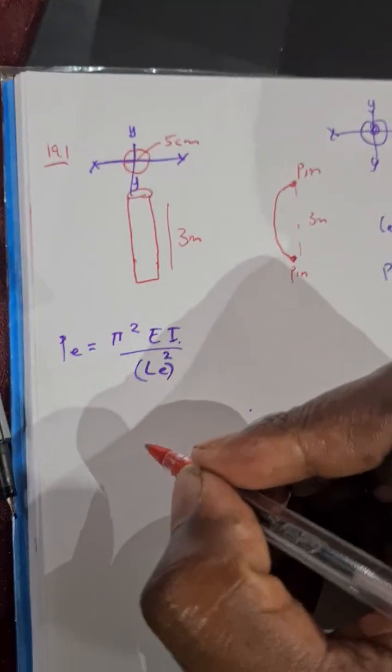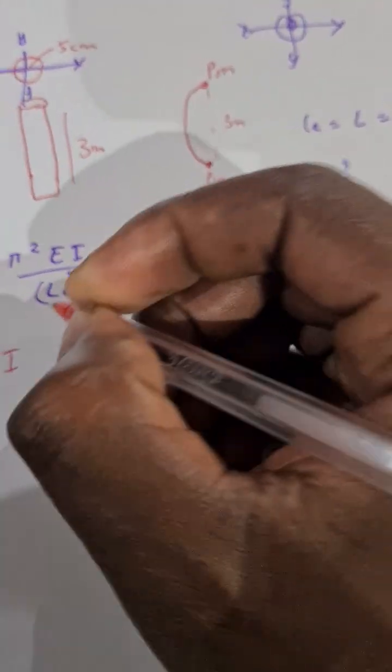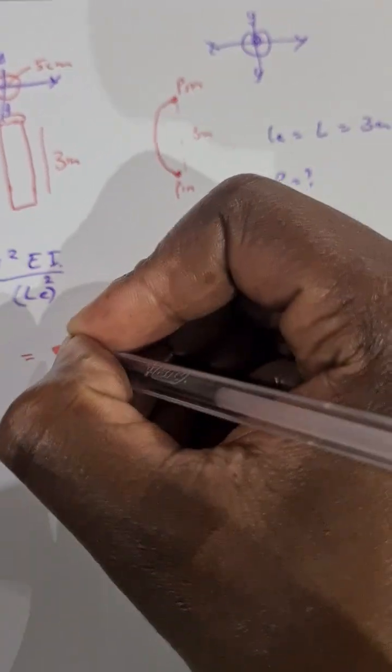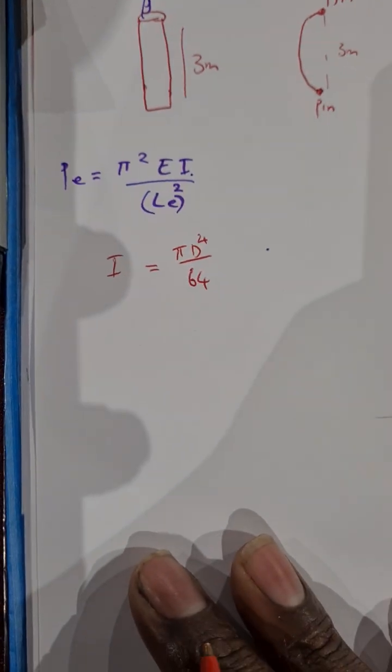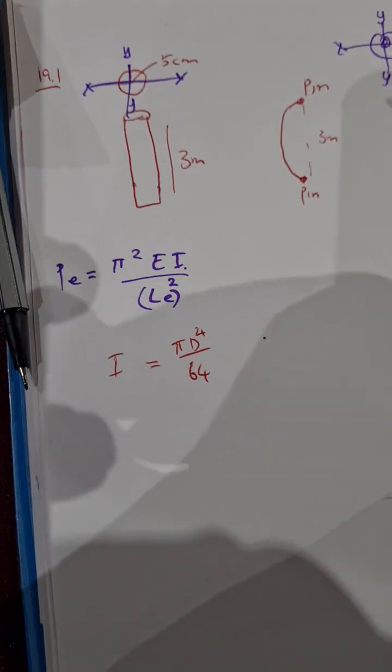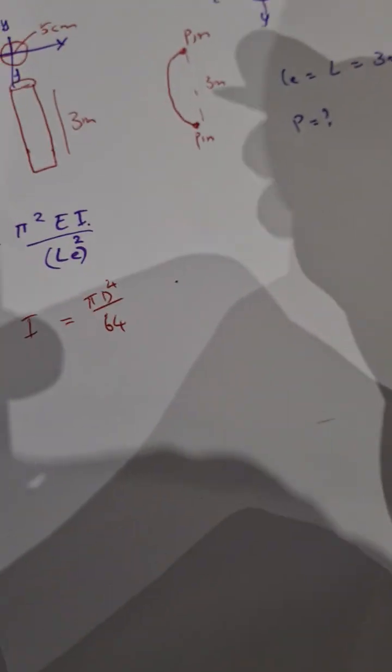So this one is solid. So I for the solid is just what? It's pi d^4 over 64. Take note of the units, please.